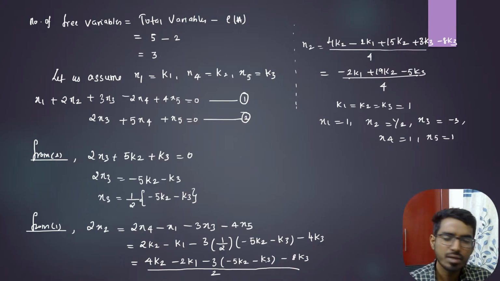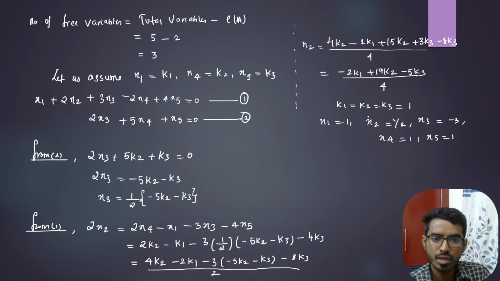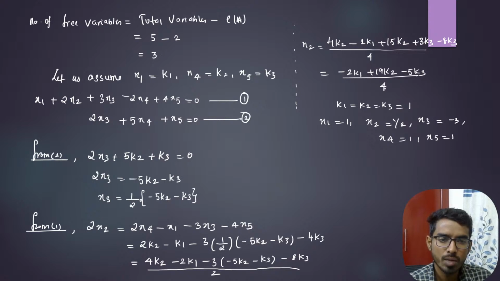Okay, correct only. If I take k1, k2, k3 to be equal to 1, this will be minus 5 minus 1 is minus 6, minus 6 by 2 is minus 3, and for x2, 19 minus 5. I think here I made a mistake. If I take k1, k2, k3 to be equal to 1, minus 2 plus 19 minus 5, 19 minus 5 is 14, 14 minus 2 is 12, 12 by 4 is 3.